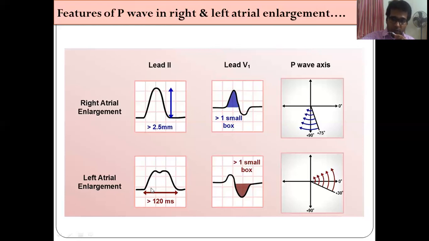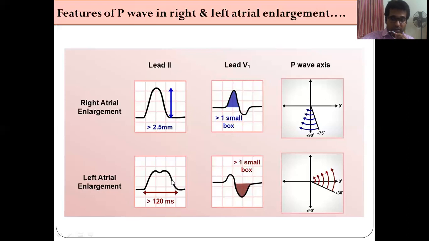Normally the duration is less than 2.5 small squares, or less than 120 millisecond. But in case of left atrial enlargement, you can see this duration is increased. Now it is more than 120 millisecond, which means more than 3 small squares.